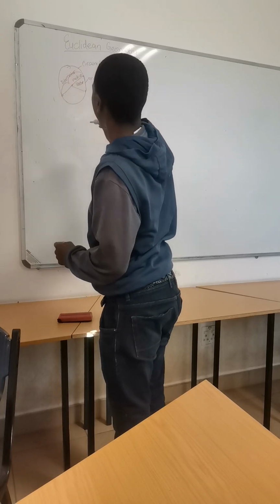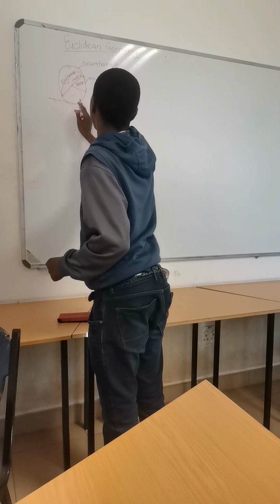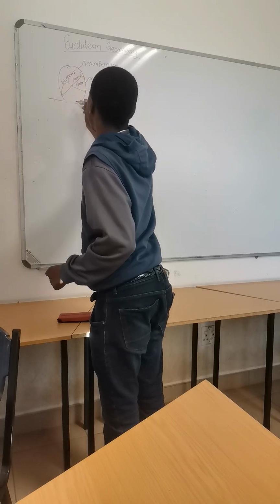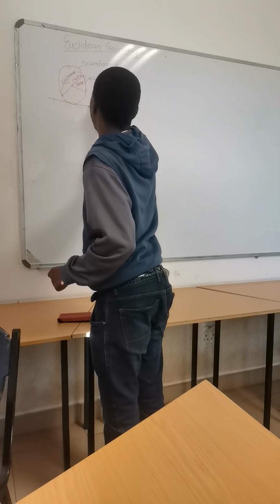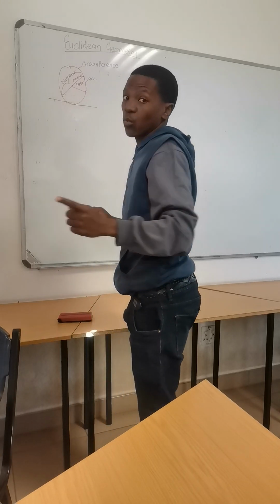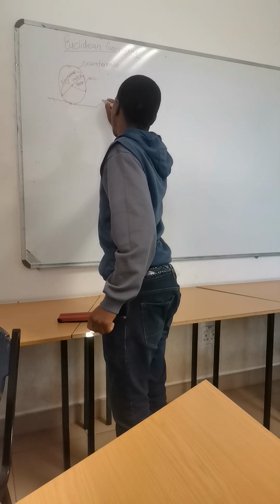And then remember that the line that touches the circle at one point, this is what we call a tangent.